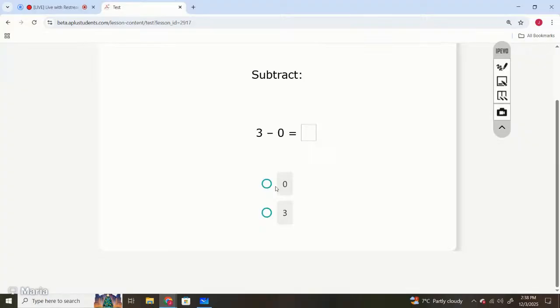3 take away 0 is 3, right? Subtracting 0 means the number stays the same, so that is 3.